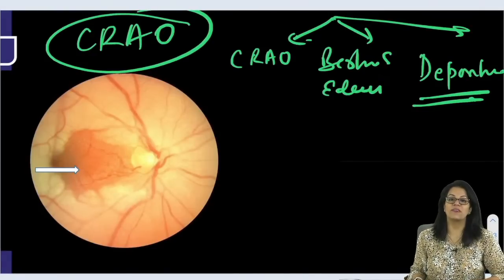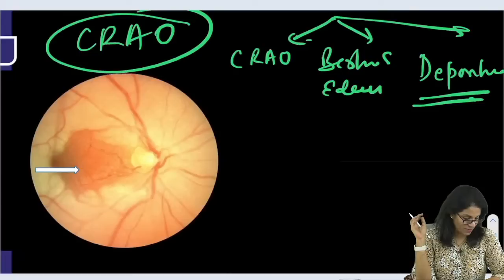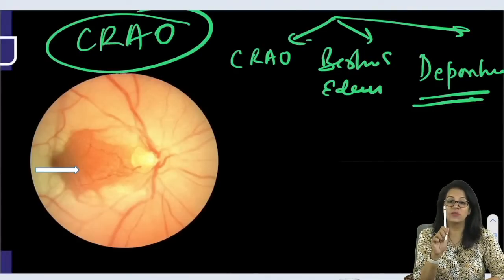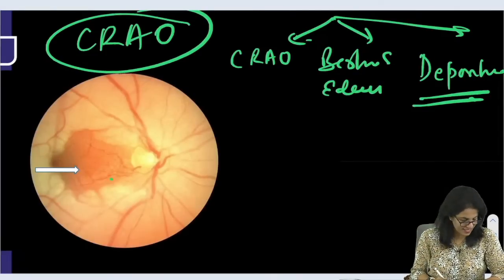I am waiting because I want you all to talk to me. It should not be one-sided. Tell me quickly. Think carefully. We are talking in relation to CRAO. 14% of the population has a dual blood supply to the macula. Now tell me, which artery is this?